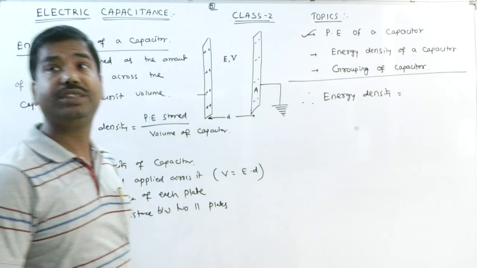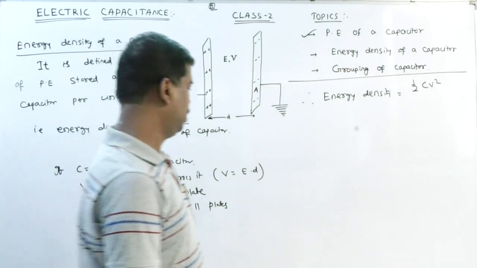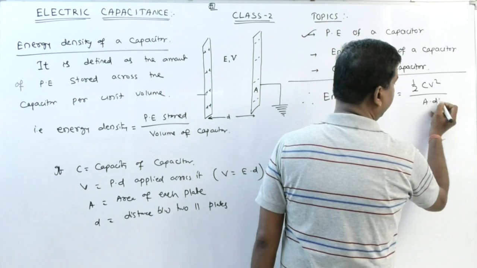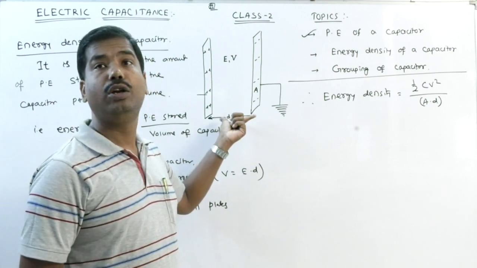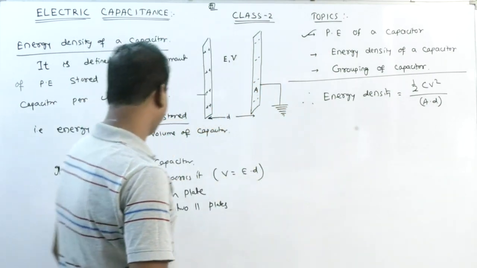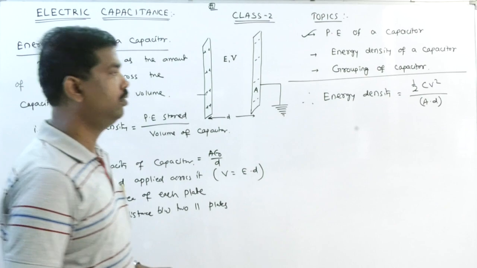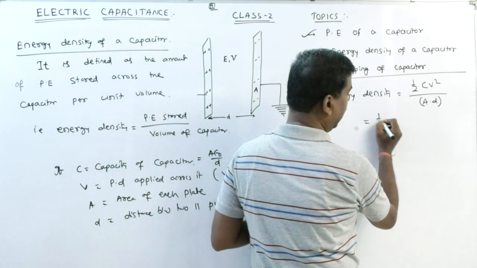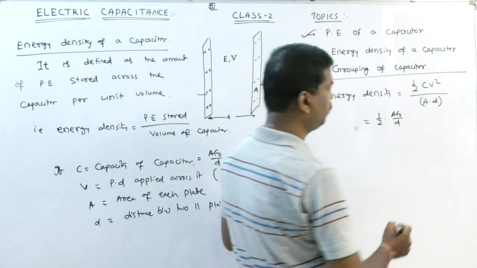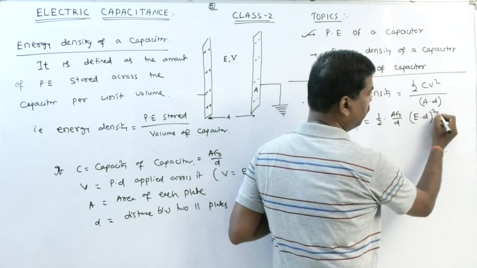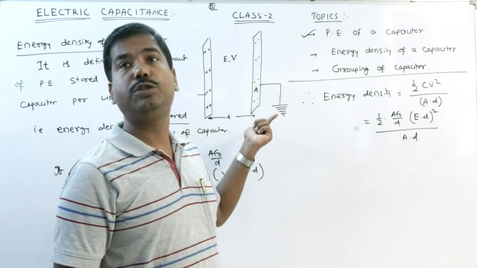The potential energy of a capacitor we have just derived is half CV square, and volume is the area of the plate times the distance between the two plates, that is A into D. As we know, for an air filled capacitor, the capacity is A epsilon 0 by D. Hence half A epsilon 0 by D, and V means E into D, whole squared, divided by area into the distance between the two plates.